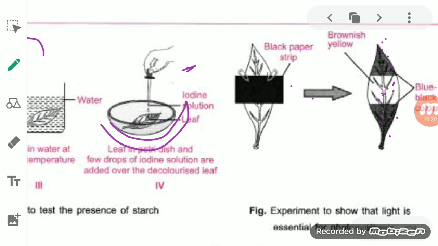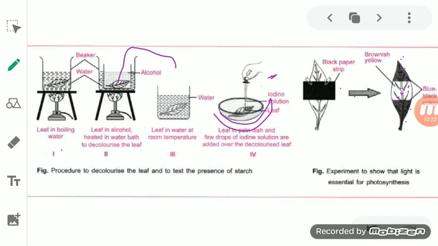So by this experiment, we come to the conclusion that sunlight is important for making starch, or sunlight is important for making the food of the plant, or sunlight is important for the process of photosynthesis.